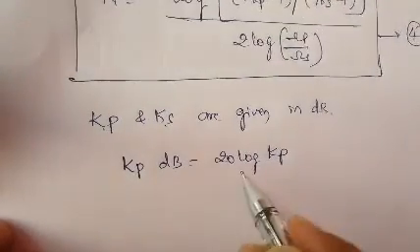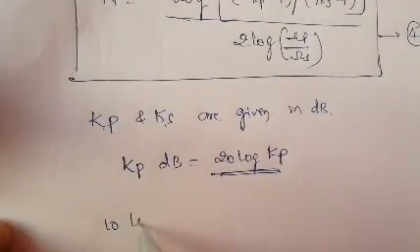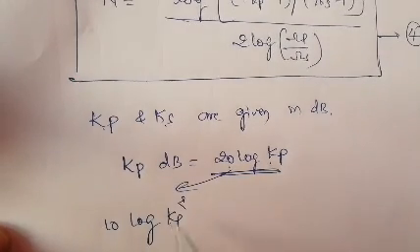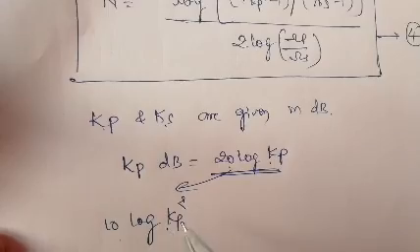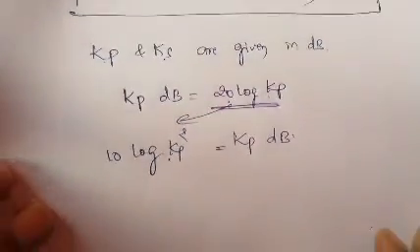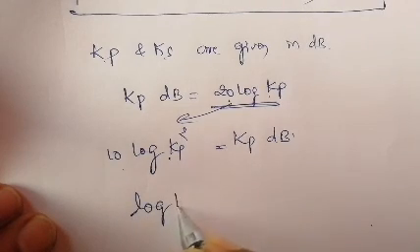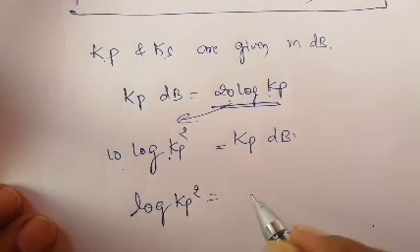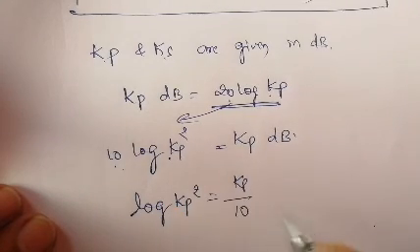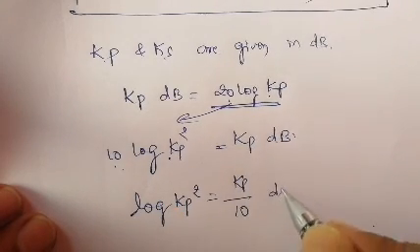This is nothing but 10 log of kp square, meaning it is the same. 20 log kp means 10 log kp square, that is equal to kp in dB. Next, log of kp square is equal to kp in dB divided by 10, taking this 10 to the other side.